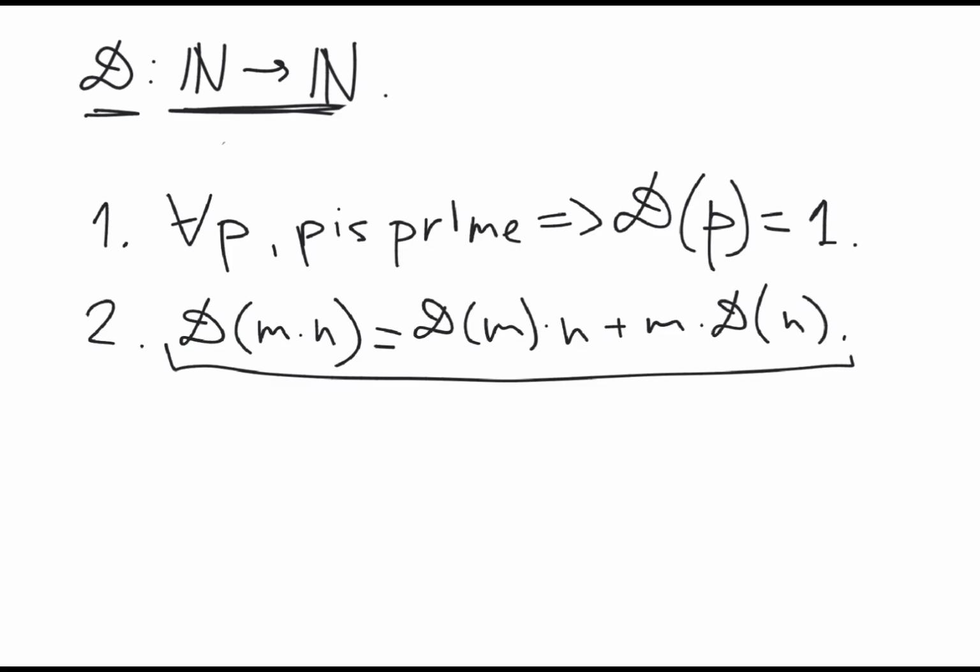So we make it a base for the prime numbers, and then this defines the derivative of the product. Notice that these two rules fully define the arithmetic derivative. So d of any number can be calculated from these two rules, because a number can always be represented as a product of smaller numbers.